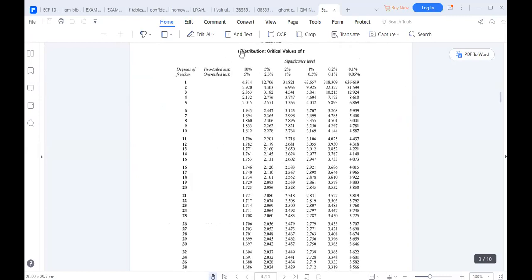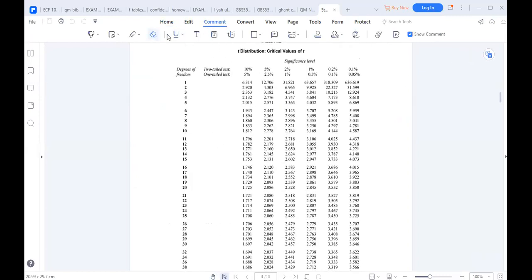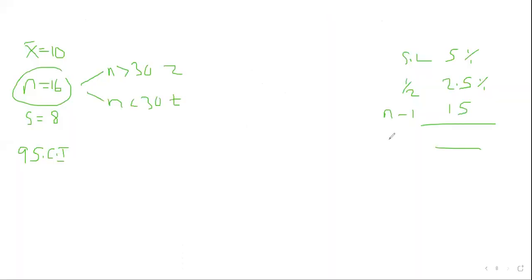So 5%, then half of 5% is what? 2.5, then n minus 1, where 16 minus 1 is 15. So you go here. So this is 2.131.